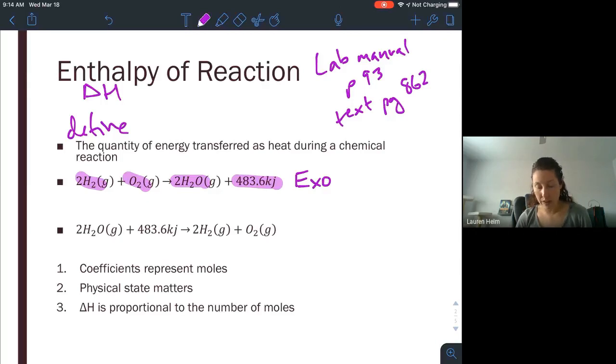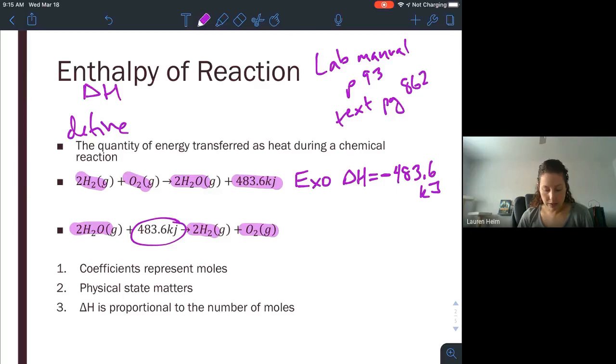Another way to write the enthalpy of an exothermic reaction is to say the enthalpy is negative 483.6 kilojoules. Negative means we're giving out heat, losing heat to the surrounding environment. If we reverse that reaction, so water splits into hydrogen and oxygen, notice how now our energy is on the left-hand side, the reactant side.